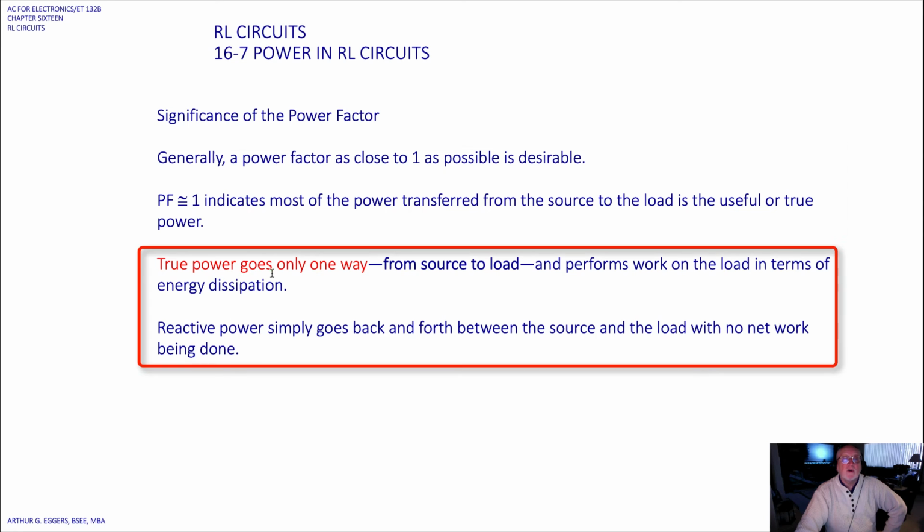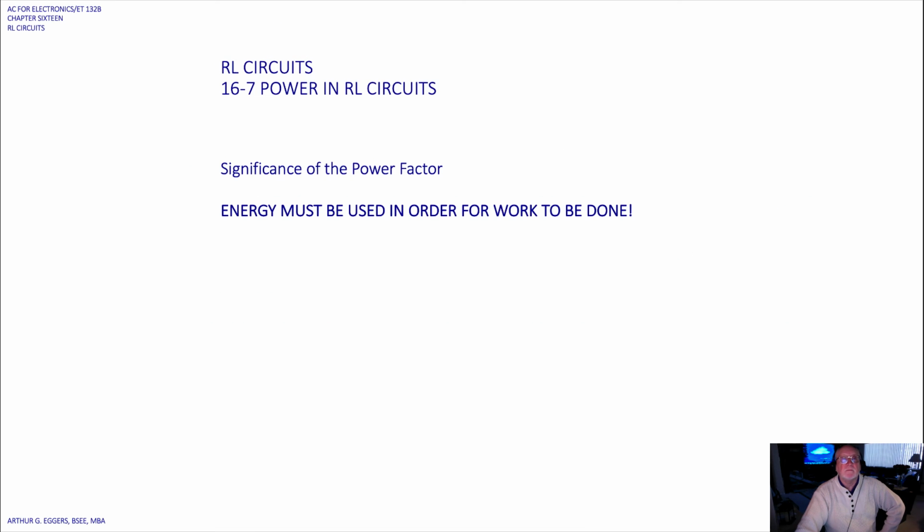True power goes only one way, from the source to the load, and it performs work on the load in terms of energy dissipation. Reactive power simply goes back and forth between the source and the load, and there is no net work being done. Energy must be used in order for work to be done.